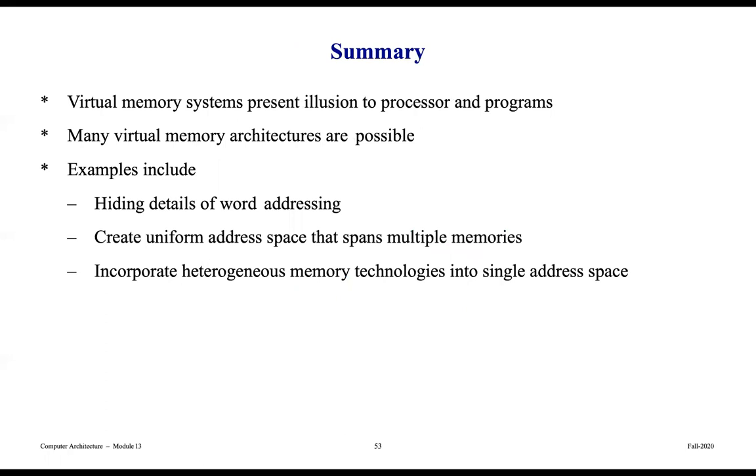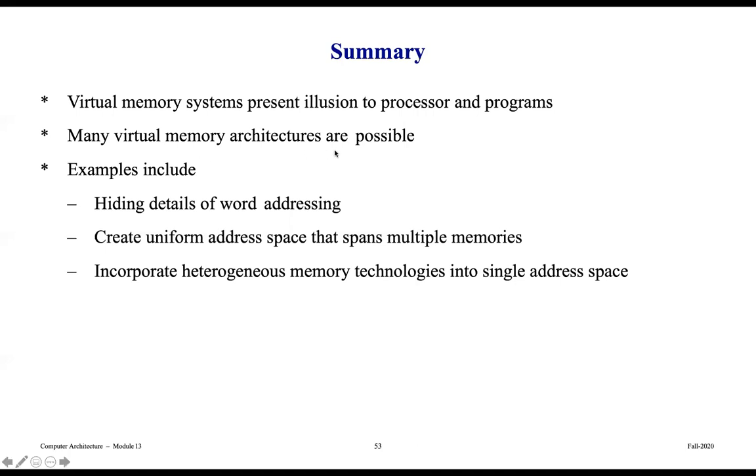So we've quickly covered a lot of material talking about virtual memory. Virtual memory systems present illusions to processors and programs that actually help. The underlying physical implementation is not necessary to see for some of these things, and they work quite well when you have that separation.